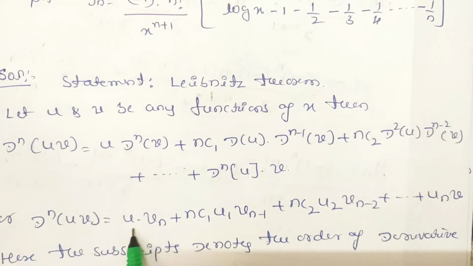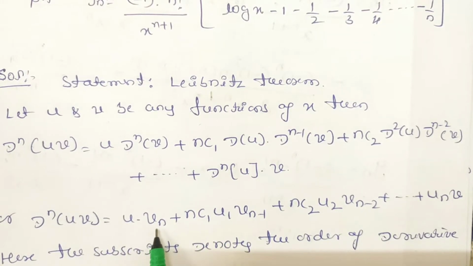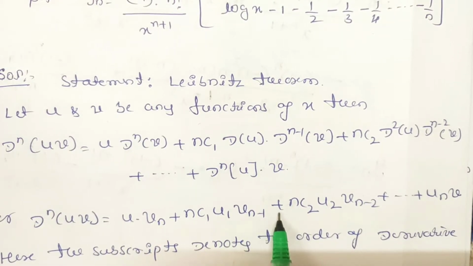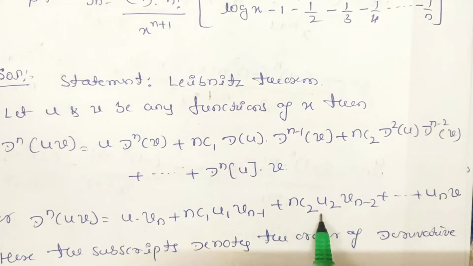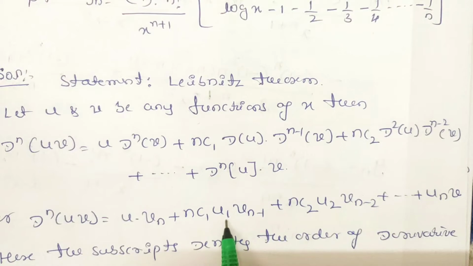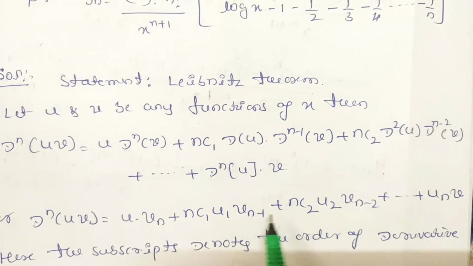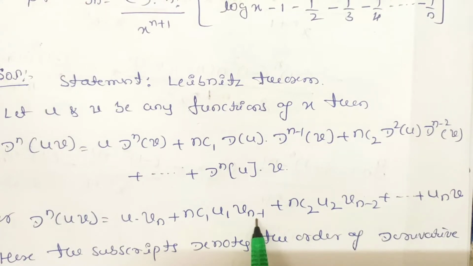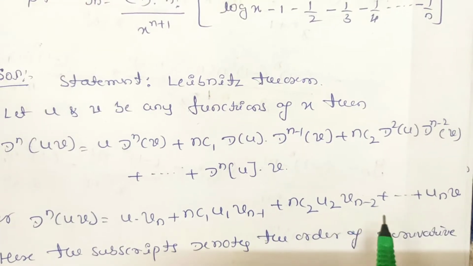You differentiate this u and reduce the degree of this vn by 1, that is vn minus 1. Plus, to write the next term, you differentiate the previous term u1, that is, derivative of u1 is u2, and reduce the degree of vn minus 1 by 1, that is vn minus 2, etc.